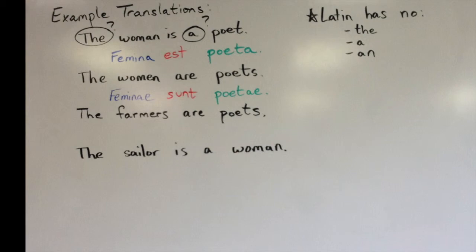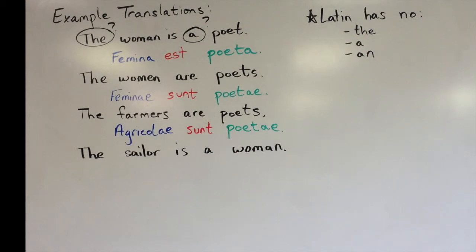If you translated them correctly, the first sentence should have been Agricolae sunt poetae, and the second sentence should have been Nauta est femina. The first sentence is plural, and so draws from the plural nominative spot in our chart. And the second one has singulars, and so draws from the singular a.